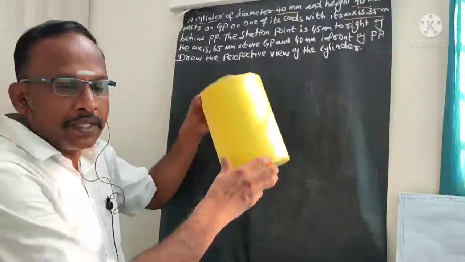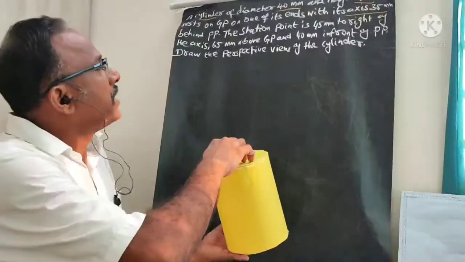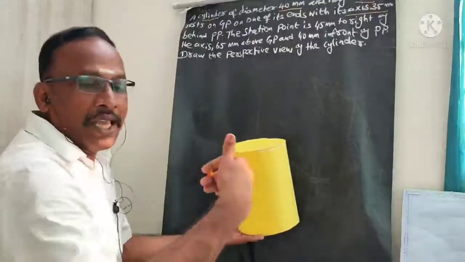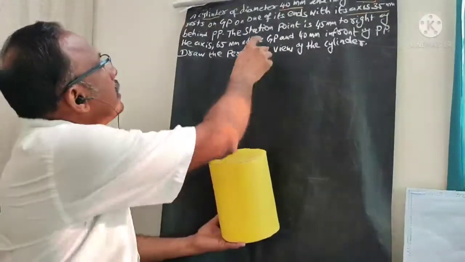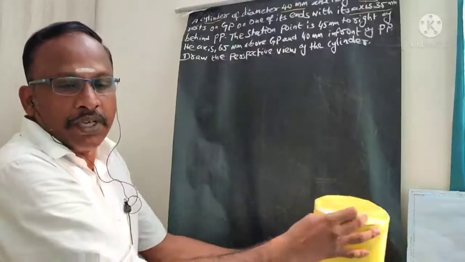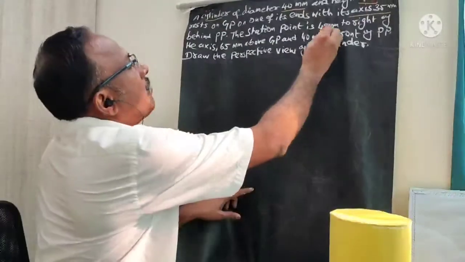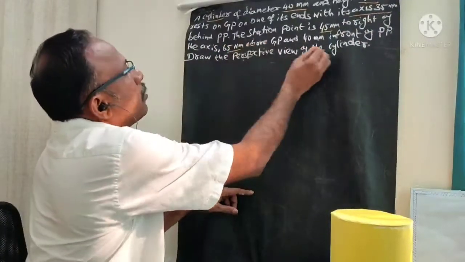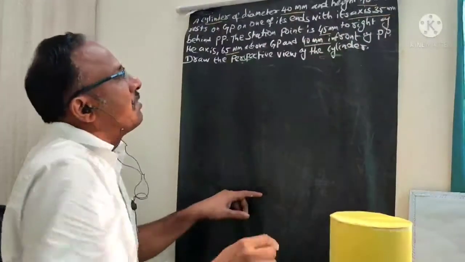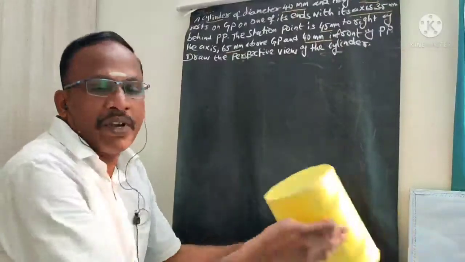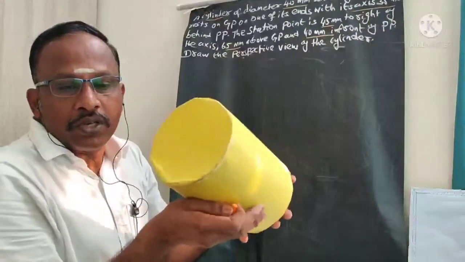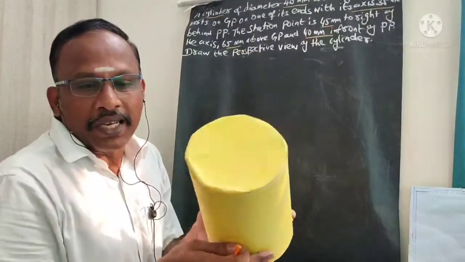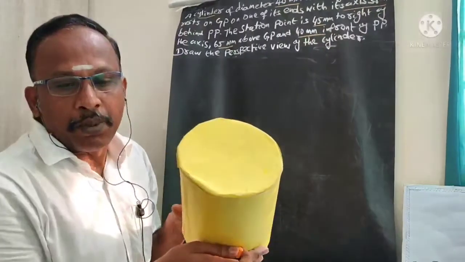We are going to place the cylinder whose center point is 35 mm behind the picture plane. The station point, that means our eye point, is 45 mm to the right of the axis, 65 mm above GP and 40 mm in front of PP. So all the parameters are provided here. How are we going to draw this particular cylinder in perspective? That is our important thing.